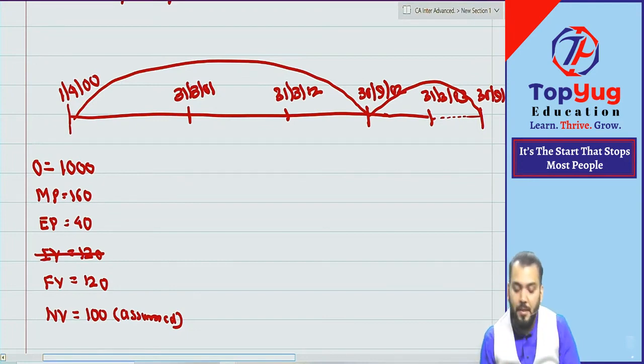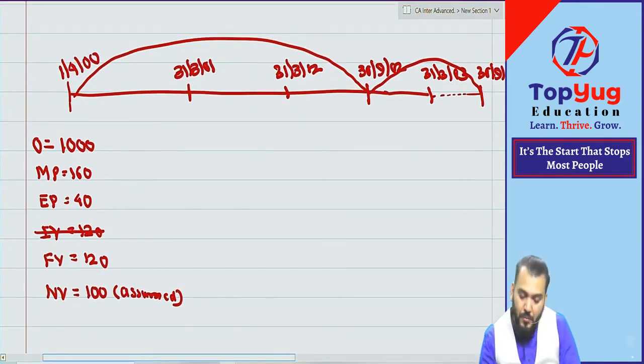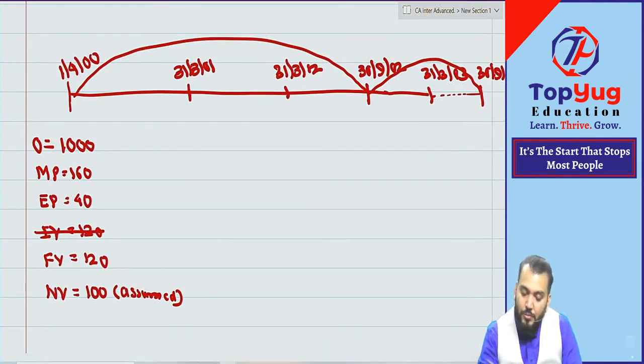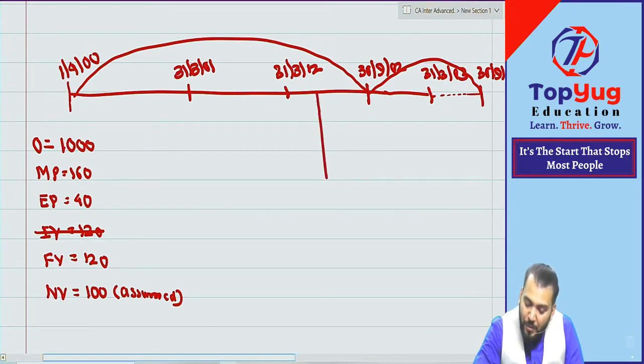It will help you. Then some options were cancelled on which date? 1st May 2002, so 1st May is somewhere here. On 1st May 2002, how many options were cancelled? 300 options were cancelled.